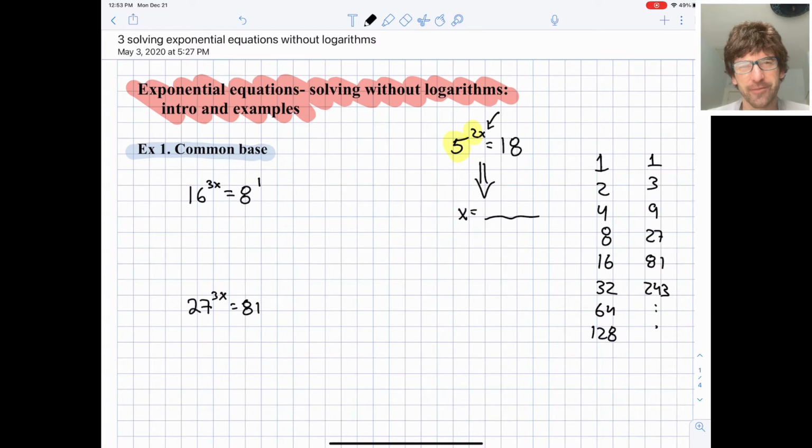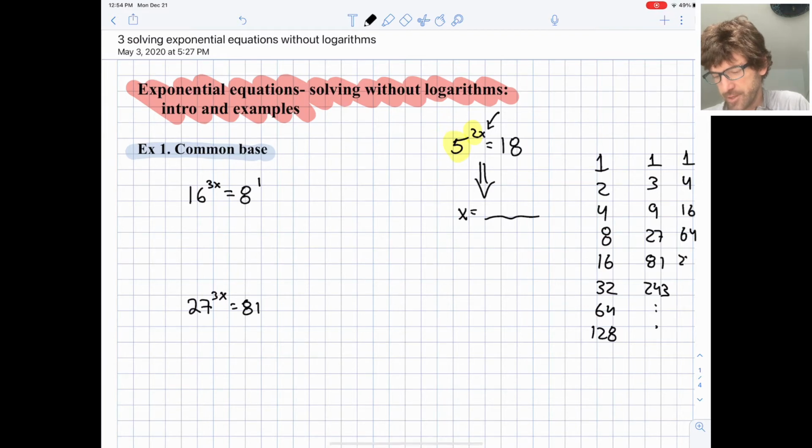But we're going to be looking for some common expressions, or some common values in those sequences. And hey, let's do powers of 4 as well, multiplying by 4 each time, 16, 64, 256.